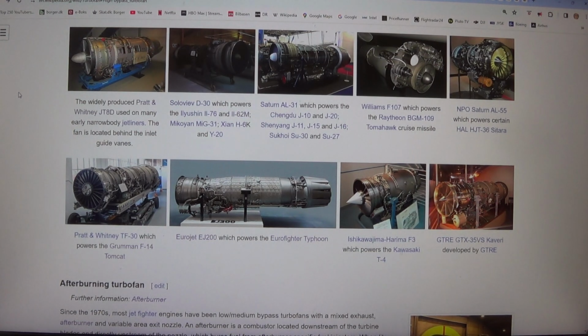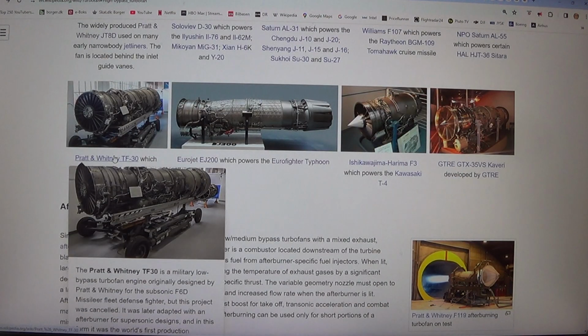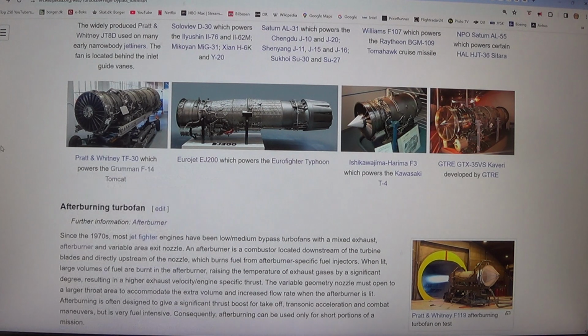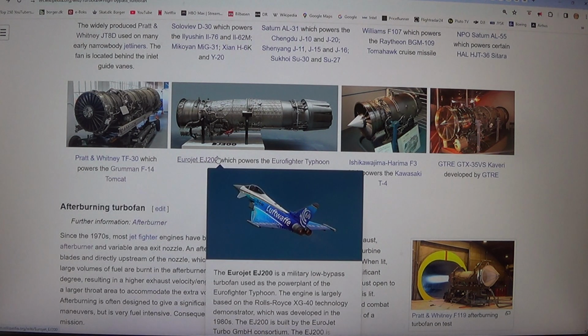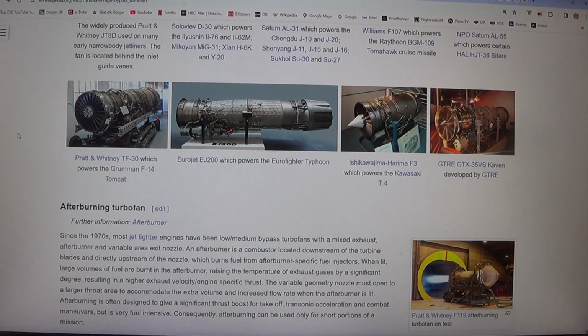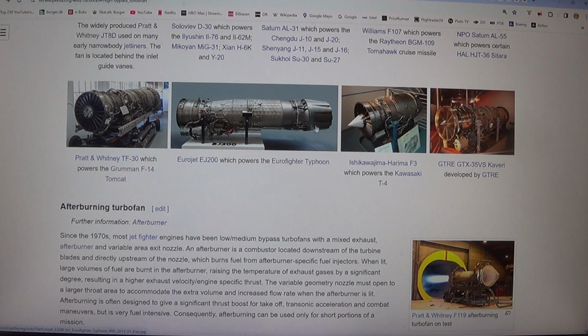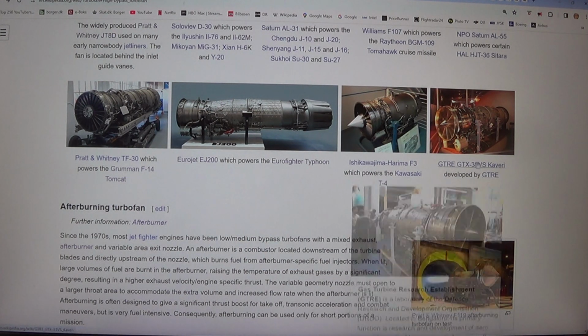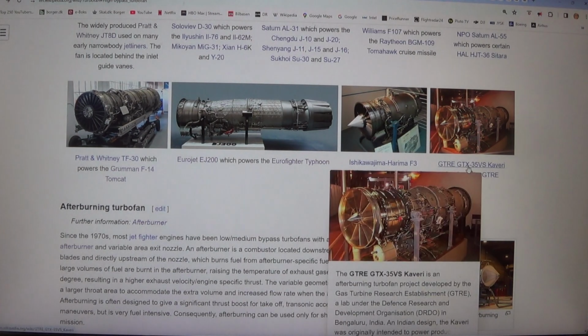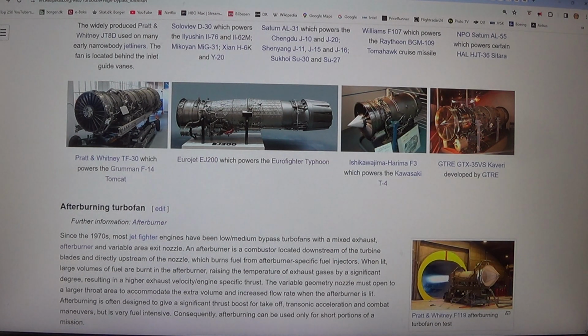Pratt & Whitney TF30, which powers the Grumman F-14 Tomcat. 7. Eurojet EJ200, which powers the Eurofighter Typhoon. 8. Ishikawajima-Harima F3, which powers the Kawasaki T-4. 9. GTRE GTX-35VS Kaveri, developed by GTRE.